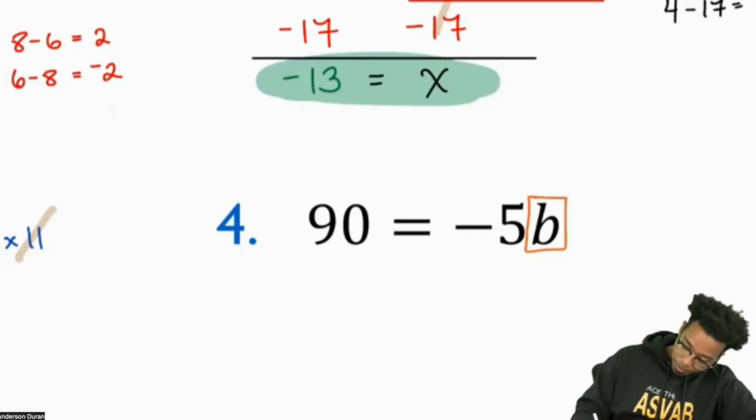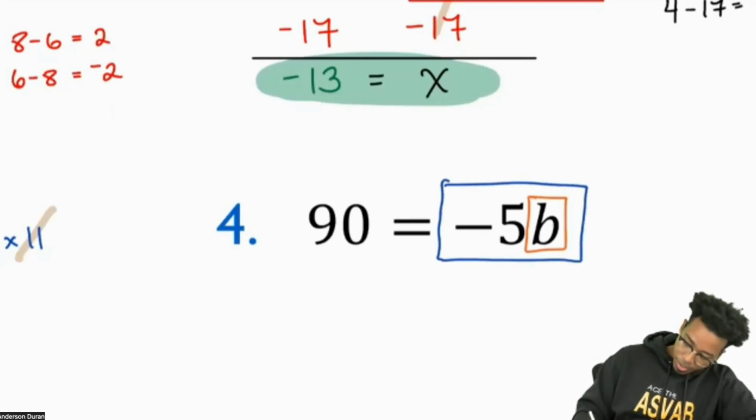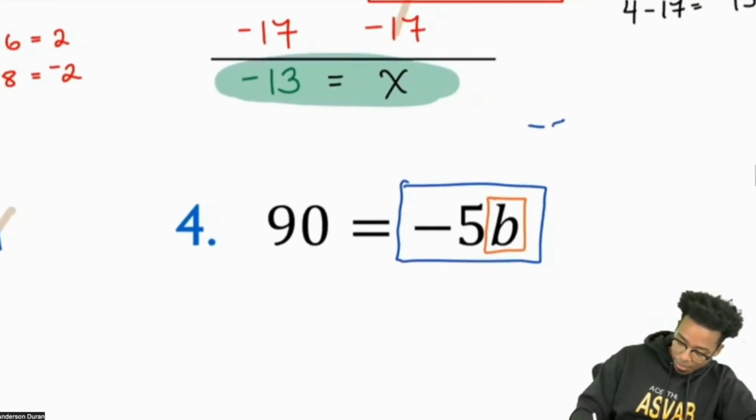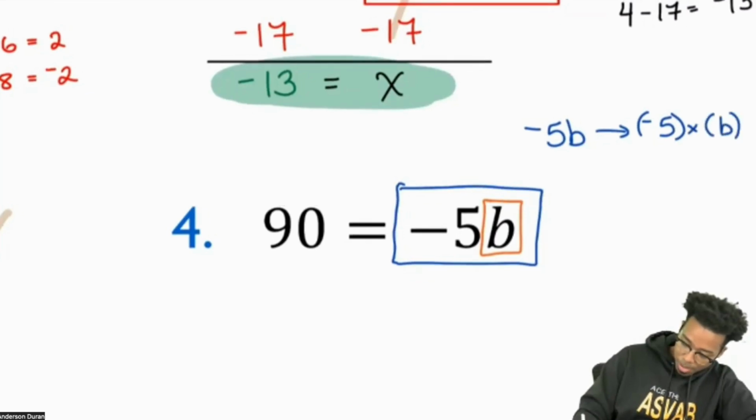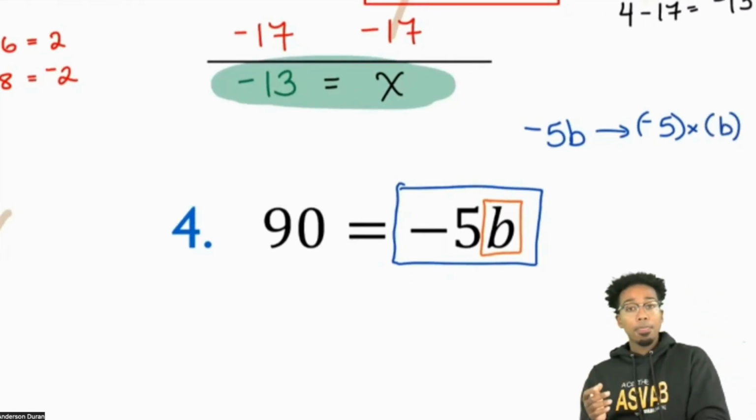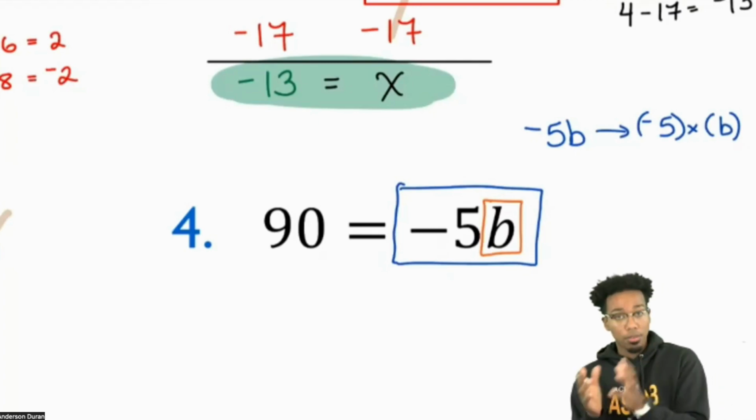So right here, I want to make sure that you are understanding what's going on. Everybody, negative 5b, that's the same thing as saying negative 5 times b. That's what that means. If you are attaching a number with a variable, multiplication is happening with that number and that variable.